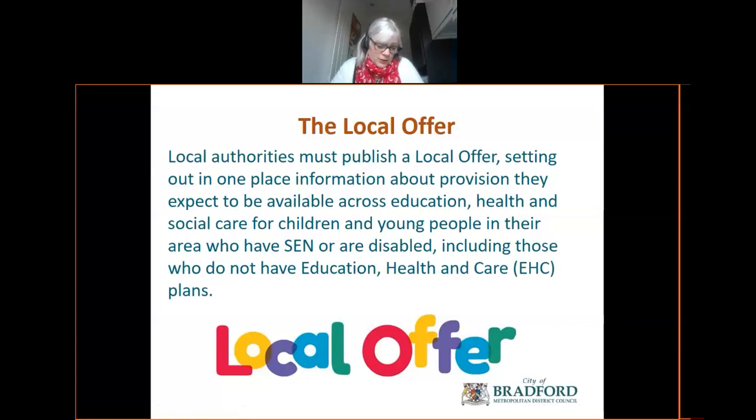Are you aware of what is available in terms of your local offer? I would advise you to explore the local website and links so that you've got the information available for discussions with parents, carers, children and young people.